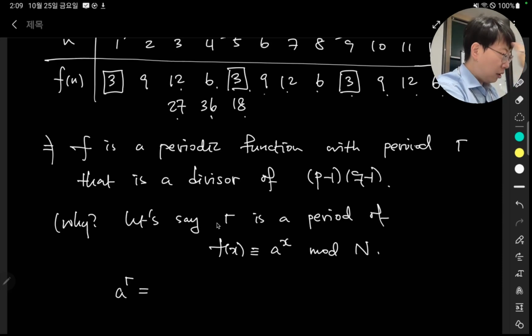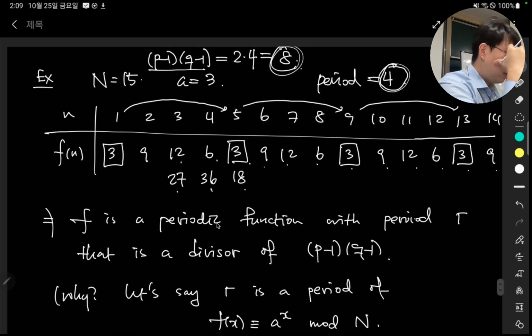Okay. So I shouldn't use the 3. Sorry. 3 is a prime number, which is a factor of 15. So that's why.